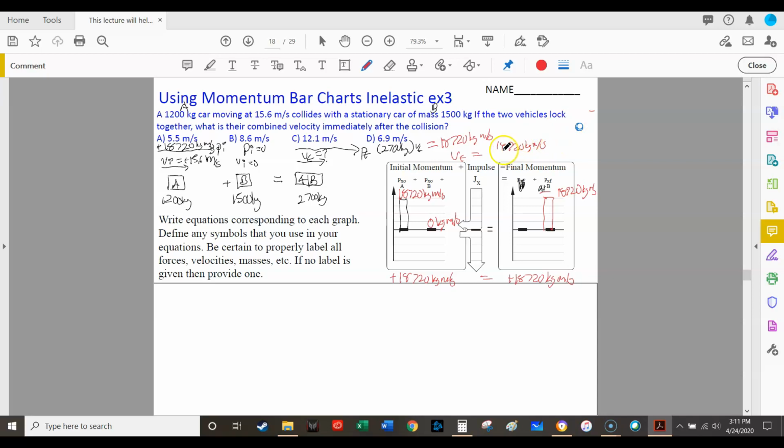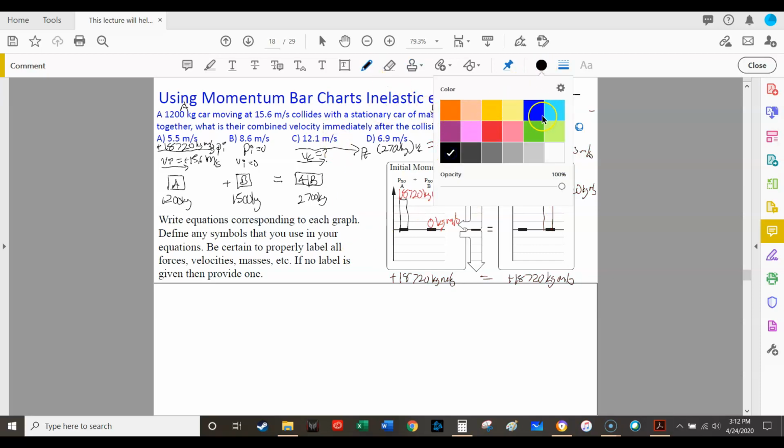I'm just doing a prediction. That's going to work out to be about 6.93 meters per second. That's what I'm guessing, before I've done any formal methods.